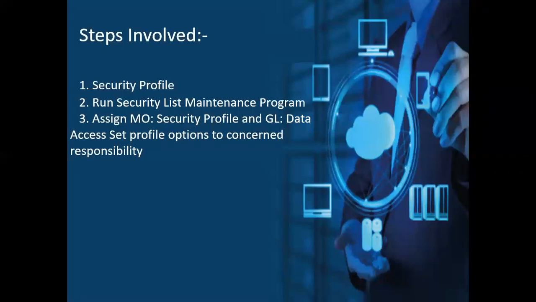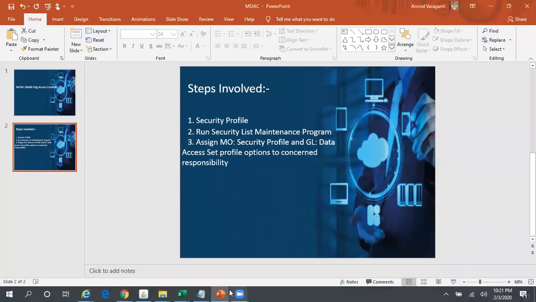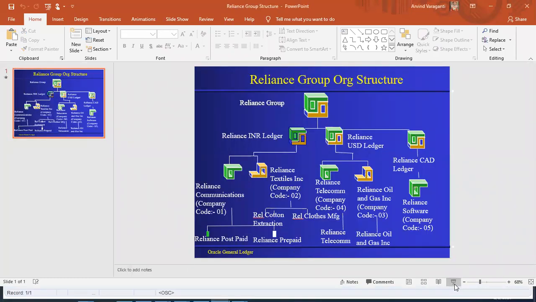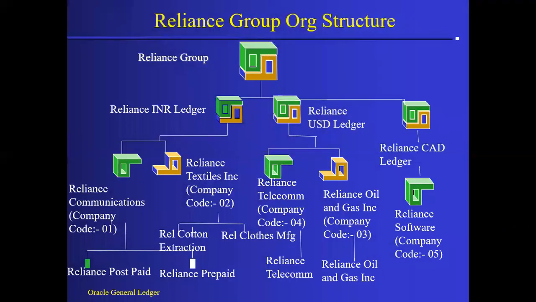So the first thing is you need to create something called a security profile to group your operating units so that you can access all those operating units using a single responsibility. I'll take an example. This is my group structure.